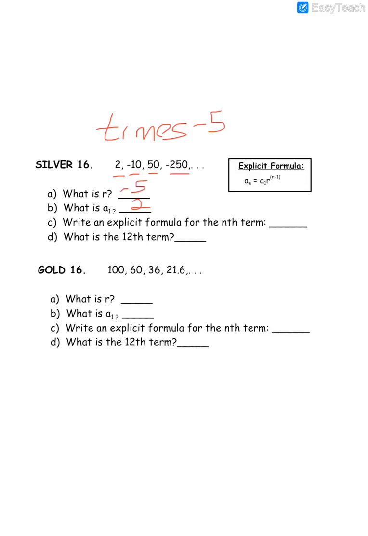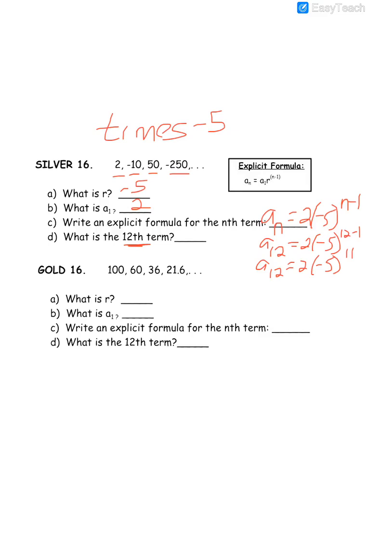My a sub 1 is 2. My explicit formula is a sub n equals 2 times -5 to the n minus 1 power. Here they want me to find the 12th term. So I'm substituting in. 12 minus 1 is 11. Now I'm ready for my calculator.